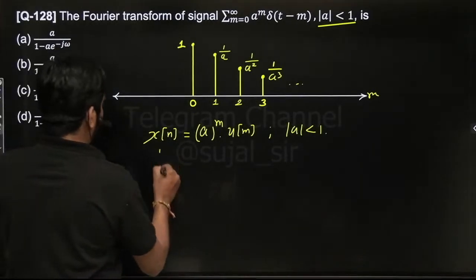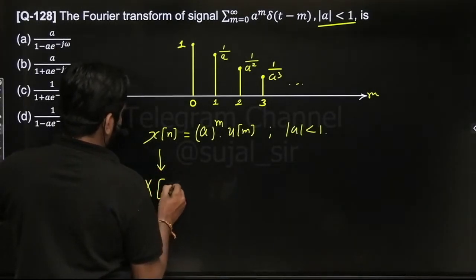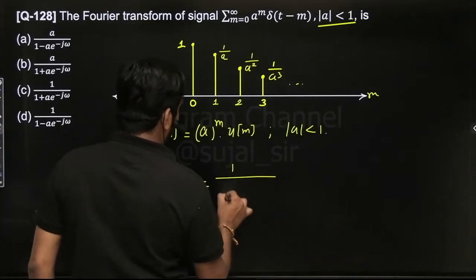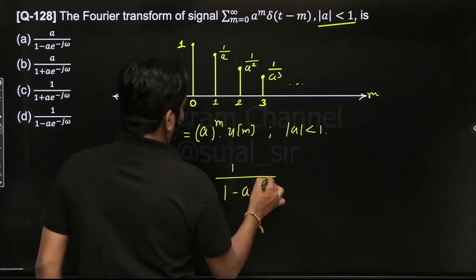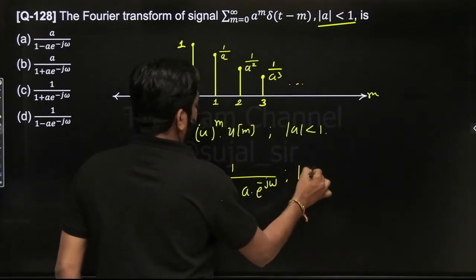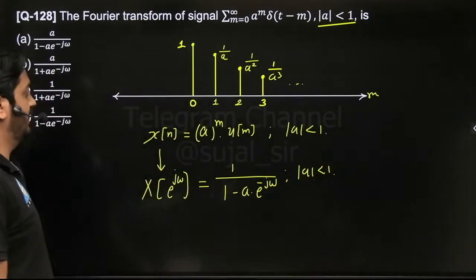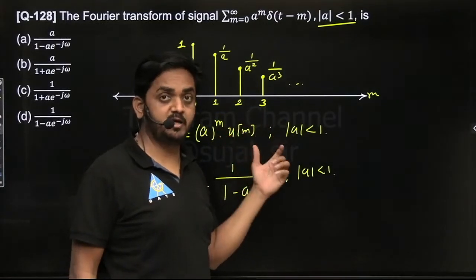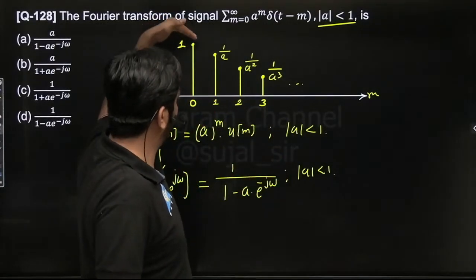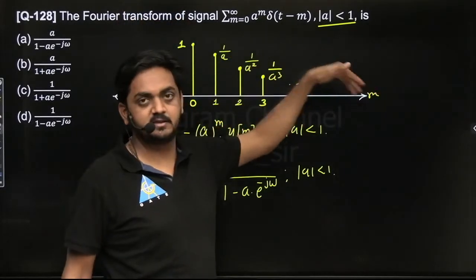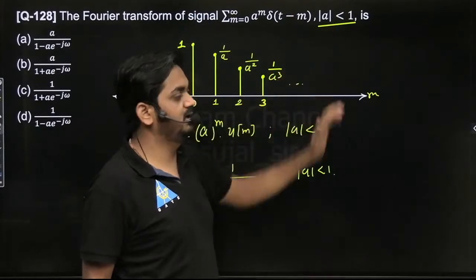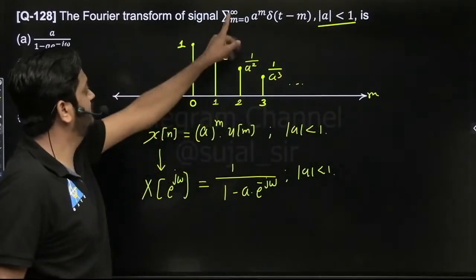So it's a Fourier transform of a discrete function. So X of e power j omega by DTFT is 1 upon 1 minus a e power minus j omega, where mod a is less than 1. Why? Because DTFT is defined only for a stable signal, that is, an absolutely summable signal. This will be absolutely summable only when it is decreasing, guys, and it will be decreasing only when mod a is less than 1, correct? Because m is positive here.